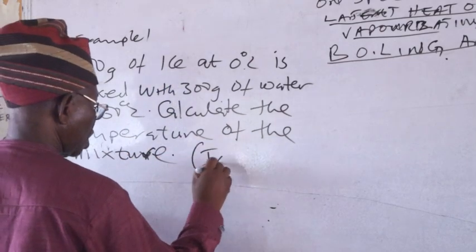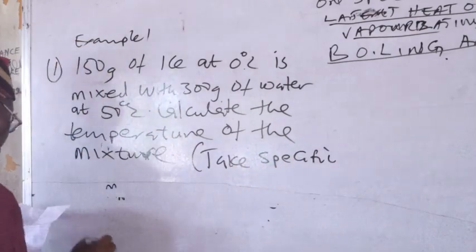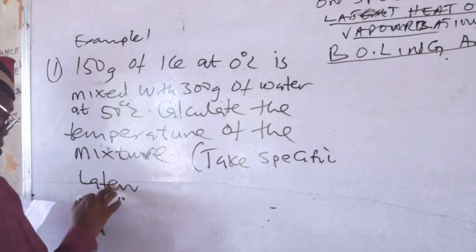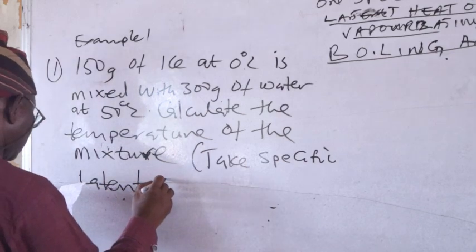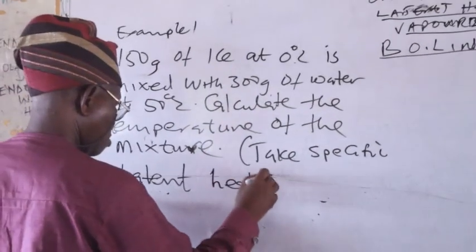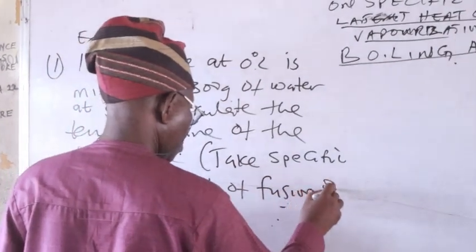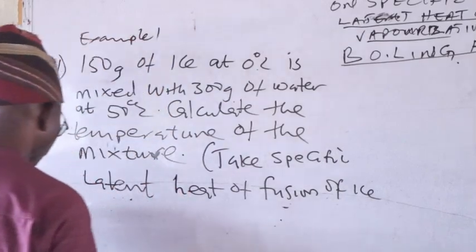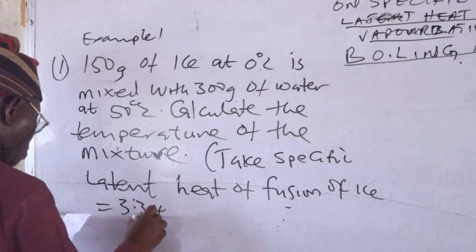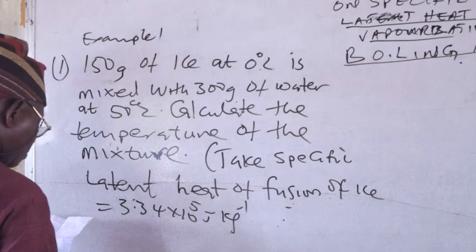Then you have to take the specific latent heat of fusion of ice to be 3.34 times 10 raised to power 5 joules per kilogram.